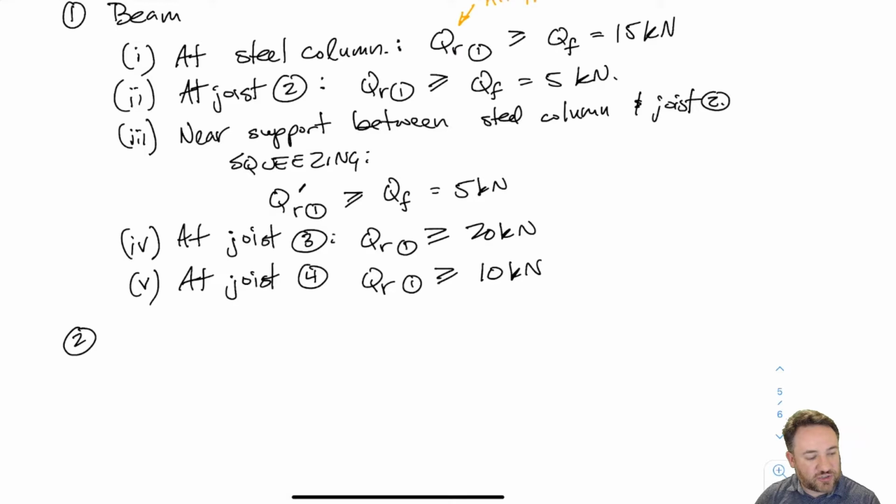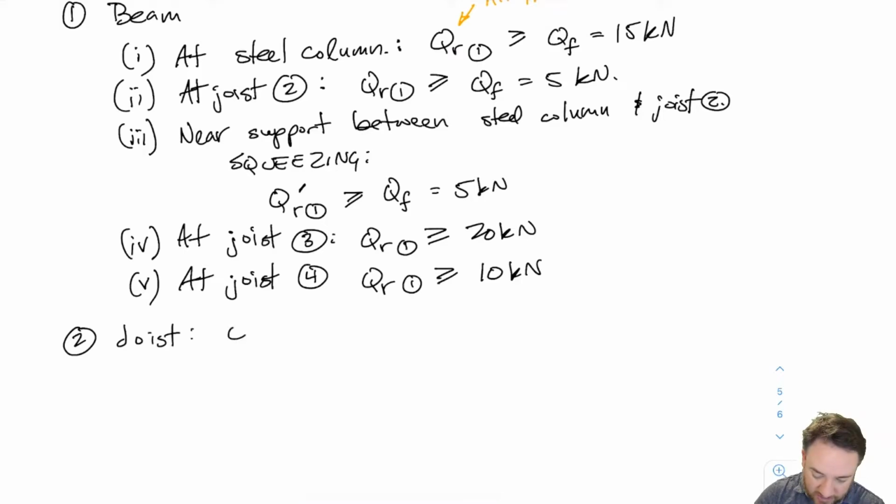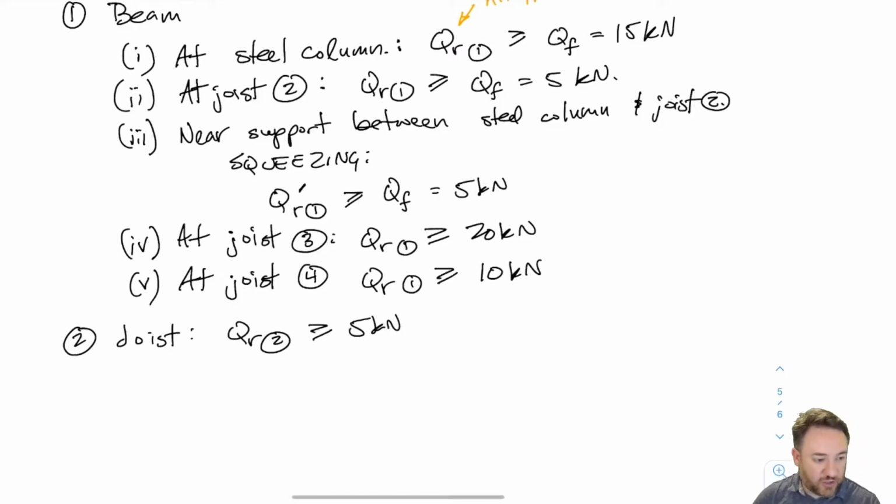The joists could be timber, they could be lumber, and the beam could be glulam, for example. So for each joist, I have the one check: QR for joist 2 greater than or equal to 5 kilonewtons, which is the load that joist 2 applies to the beam, and conversely, that's the same load that the beam applies to the joist. And same for joists 3 and 4.